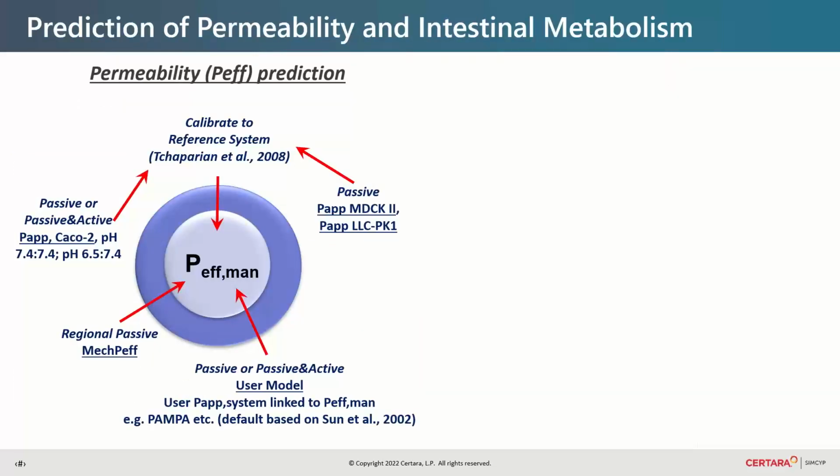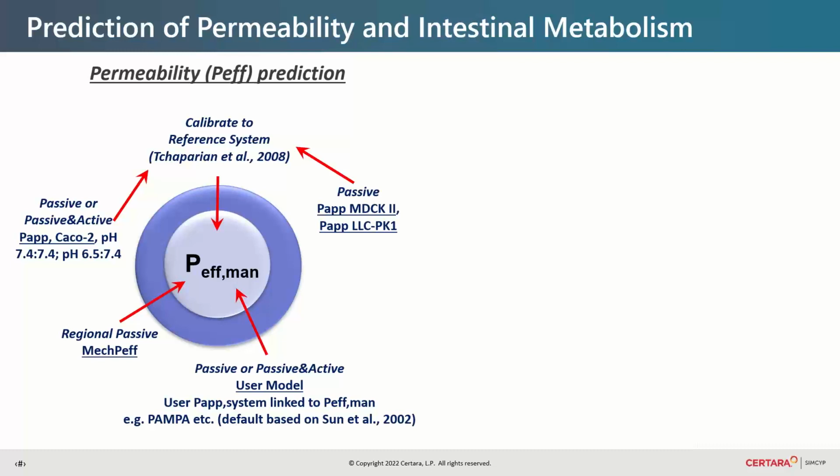In terms of predicting permeability, there are a number of different options available to you. You can make predictions based purely from physicochemistry, just using the permeability prediction. You can use in vitro data from CACO2 or from other cell lines. You can also calibrate the permeability of your compound against reference compounds and use that as an input.